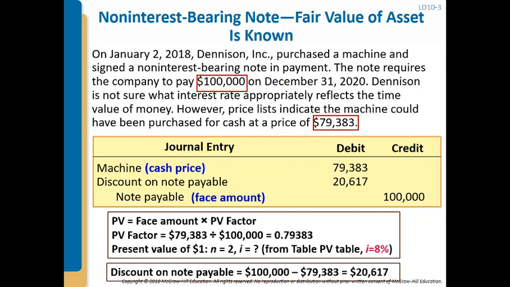The present value factor here is 79,383 divided into $100,000, which equals 0.79383. Bottom line is, in this case the present value factor is 0.79383, and you look at your tables to figure out where that particular present value factor falls within the present value table, and it happens to lie in the interest rate of 8%.